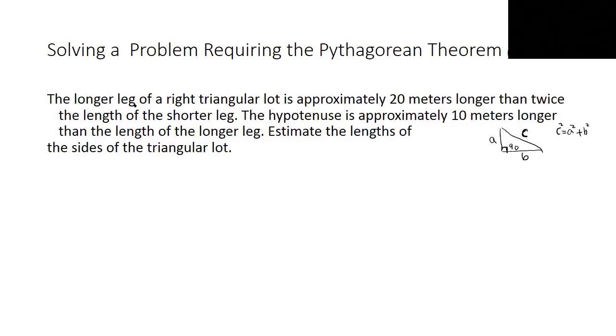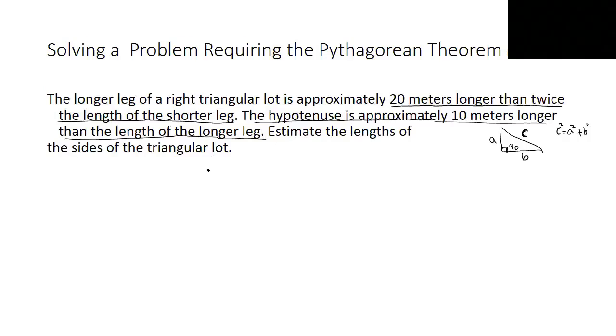It says the longer leg of a right triangle lot is approximately 20 meters longer than twice the length of the shorter leg, and the hypotenuse is approximately 10 meters longer than the length of the longer leg. We want to estimate the length of the sides of the triangle.